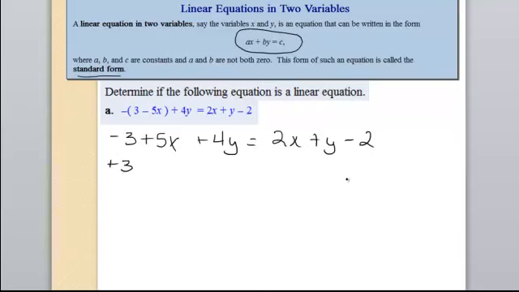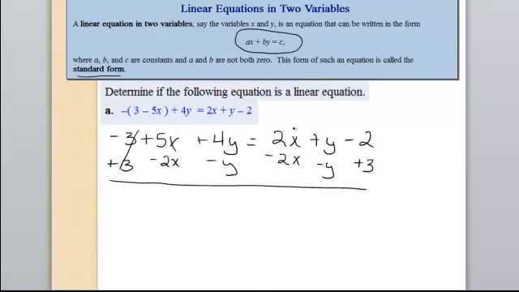I'm going to add 3 to both sides, subtract this 2x from both sides, and subtract y from both sides. So this is 0, this is 0, and this is 0. This gives us 3x plus 3y equals 1. This is in this form, so this one is linear.